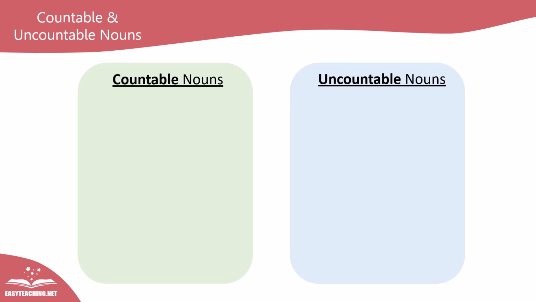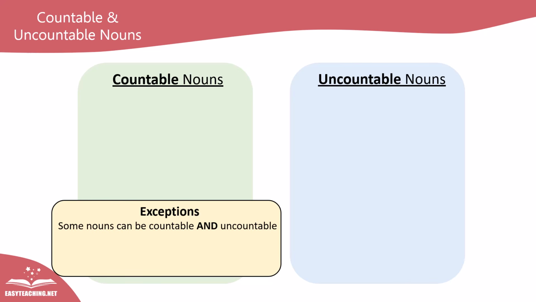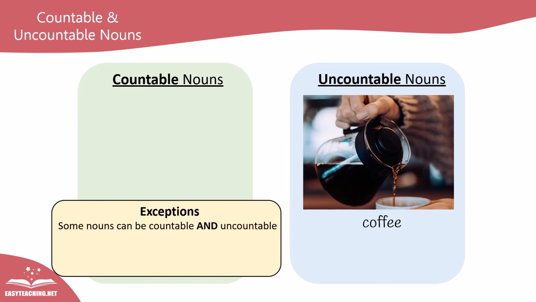There are some exceptions we have to talk about. Some nouns can be both countable and uncountable, depending on how they are used. For example, earlier we said coffee is uncountable because it has no clear limits. However, at a cafe, I might order 2 coffees.